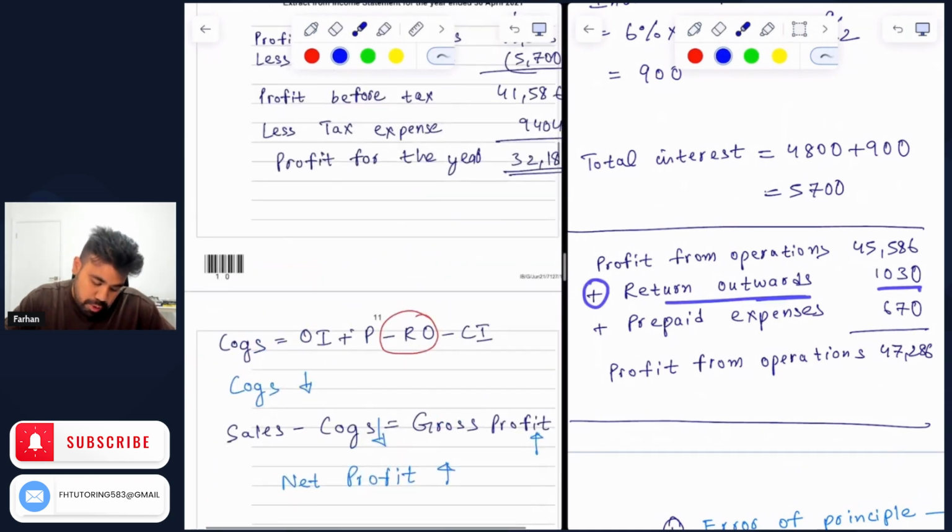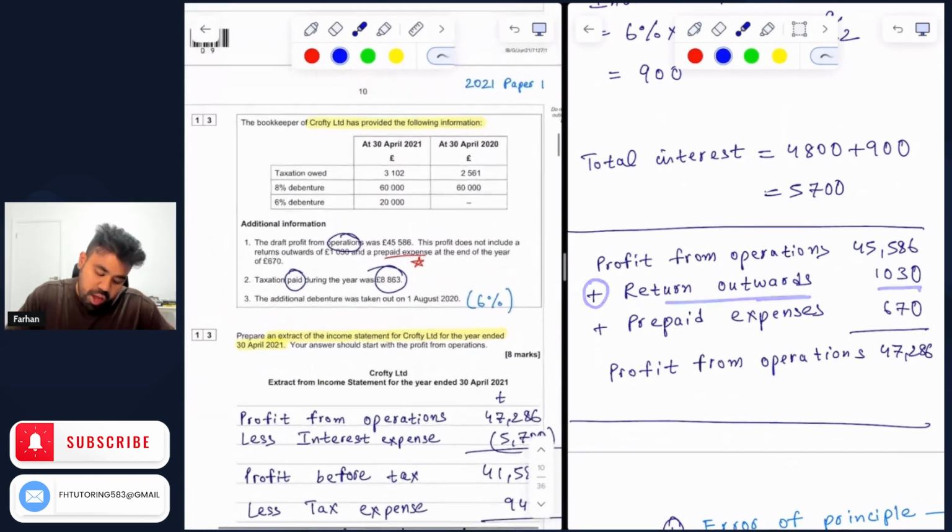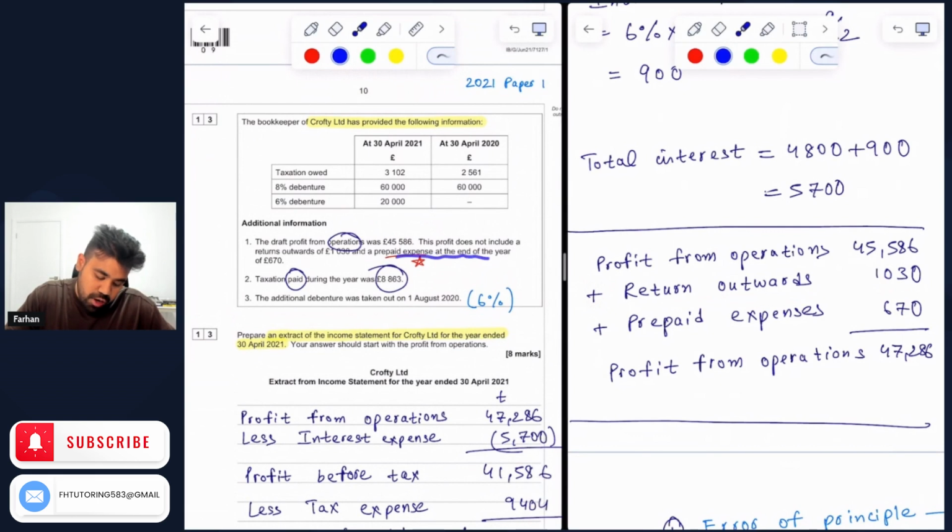Let's look into the prepaid expenses. We know that we have prepaid expenses at the end of the year of £670. Prepaid expense is a current asset.